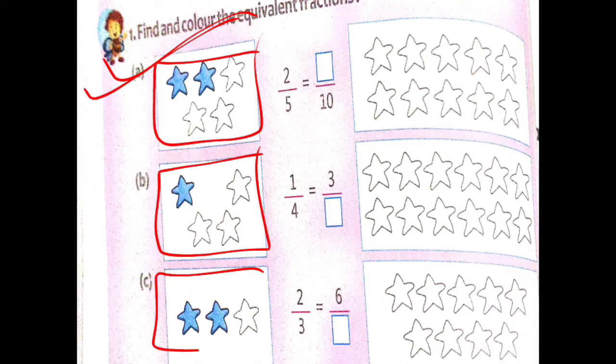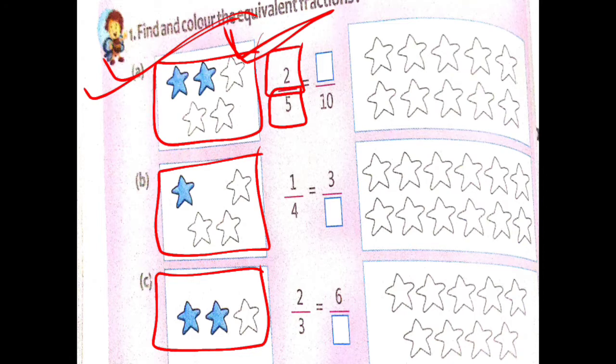Okay, if I tell you to find the equivalent fraction of this, how are you able to find it? This has 5 as denominator and 2 as numerator. Another fraction you have to write that is equivalent to this. On this side you can count the total number of stars. 1, 2, 3, 4, 5.